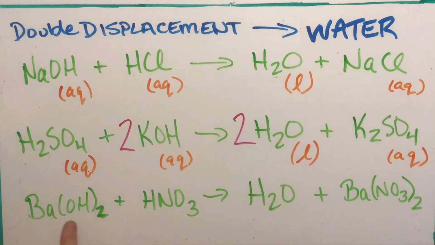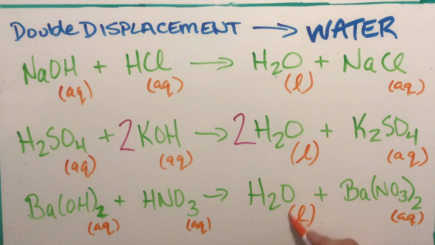Acid and a base give me water and a salt. And I know that all nitrates are soluble. All nitrates are soluble. This one is going to be soluble as well, using my solubility rules. And there's my water. It's a liquid.